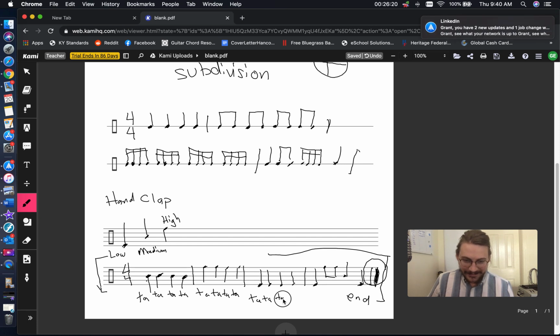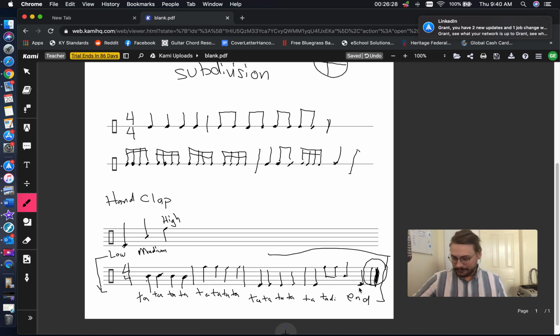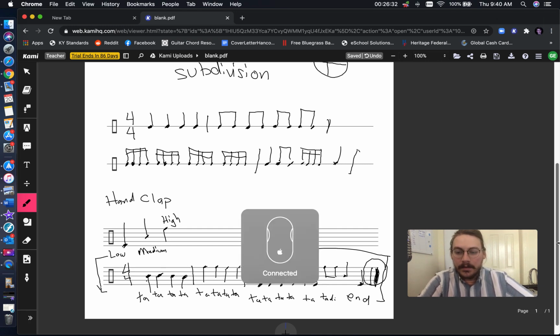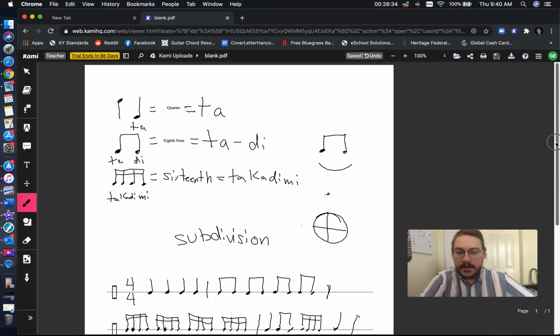Ta, ta, ta, ta, toddy, ta, ta. But remember that maintaining a steady rhythm is important.